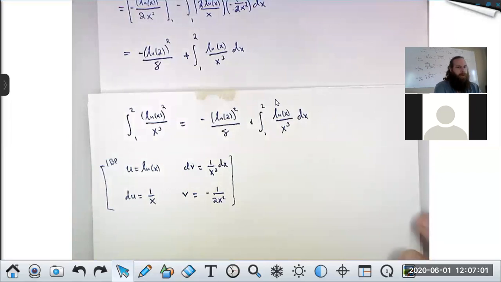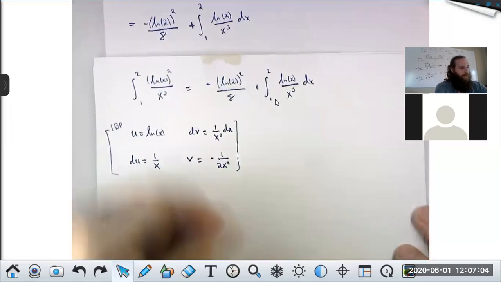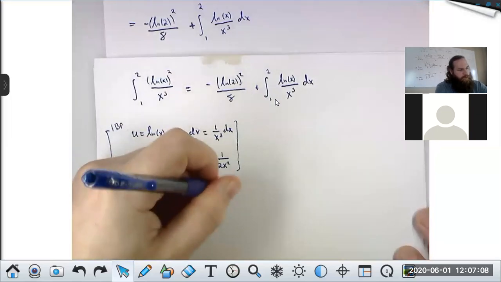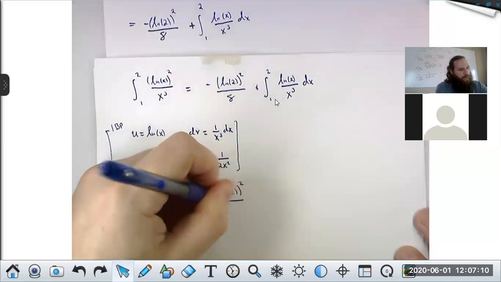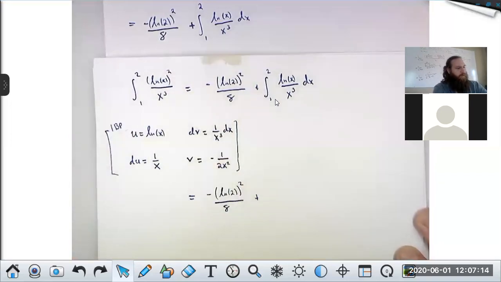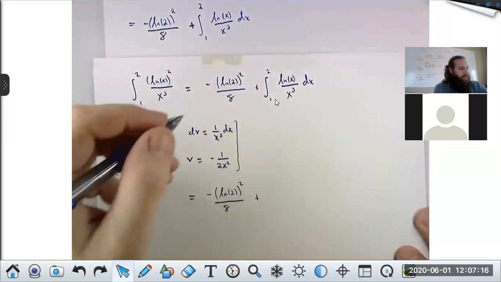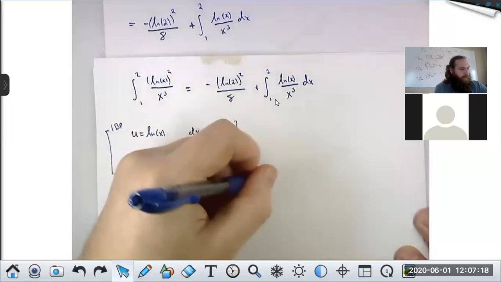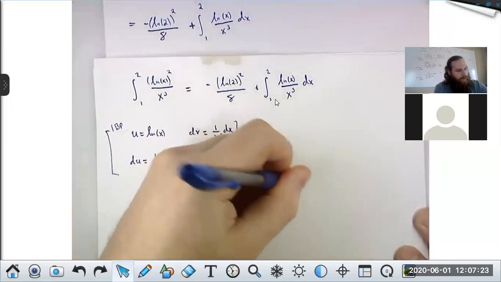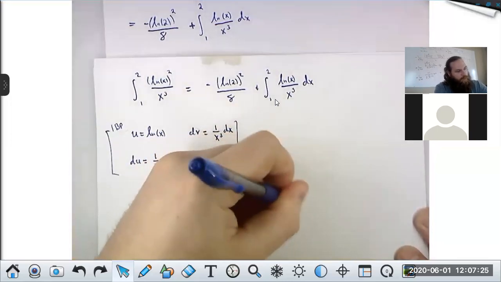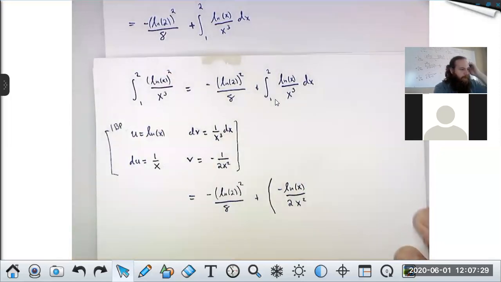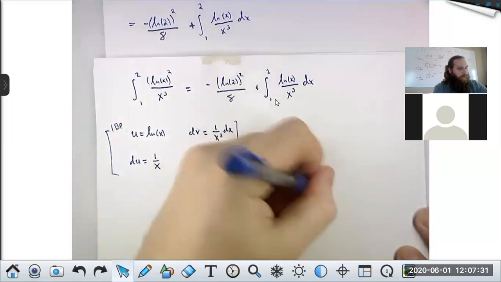Which means that the line above can be written as negative ln 2 squared over 8 plus u times v, which is, all right, like this, negative ln x over 2x squared minus the integral of v du.